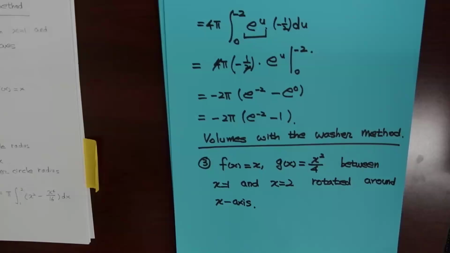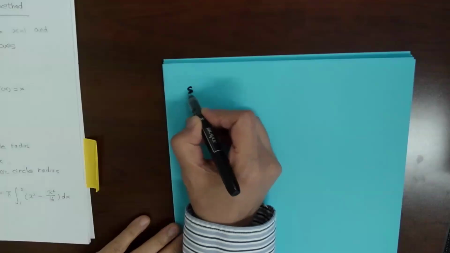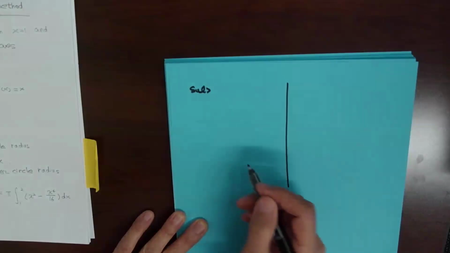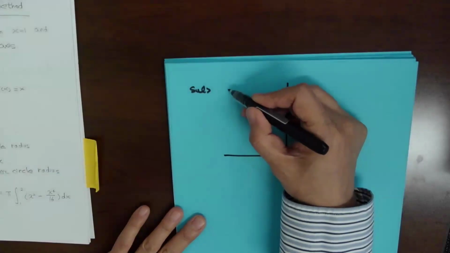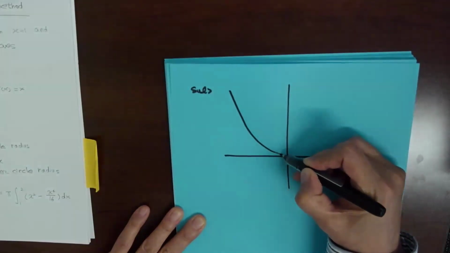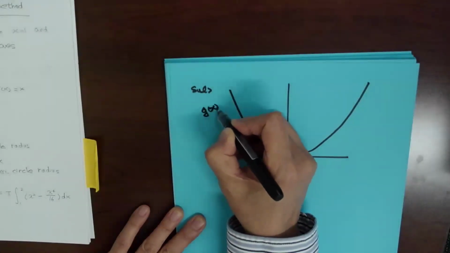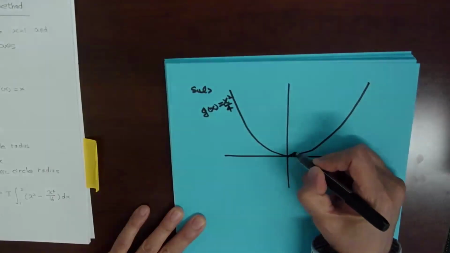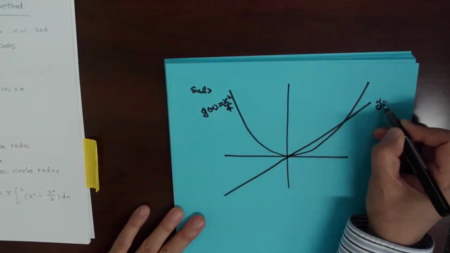This time we are thinking about one more function. Let's draw the picture first. One parabola, y equals x squared over 4, and this is y equals x.